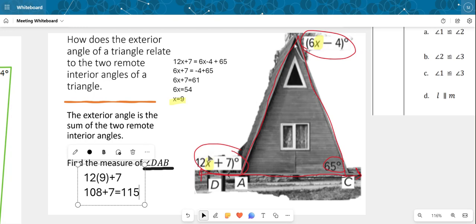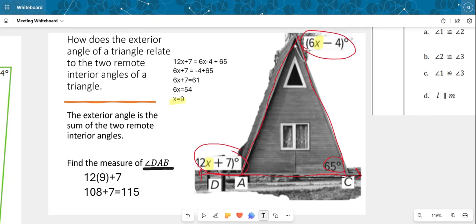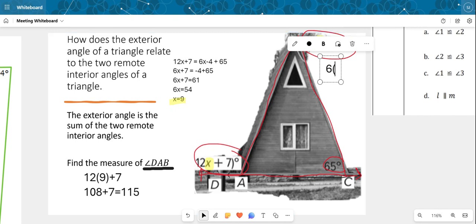So this exterior angle is 115 degrees. We have 65 degrees here, 115 degrees here. We can also plug in a value up here just for completeness' sake. We can go 6 times 9 minus 4 and see what we get. Let's see, 6 times 9 is 54.